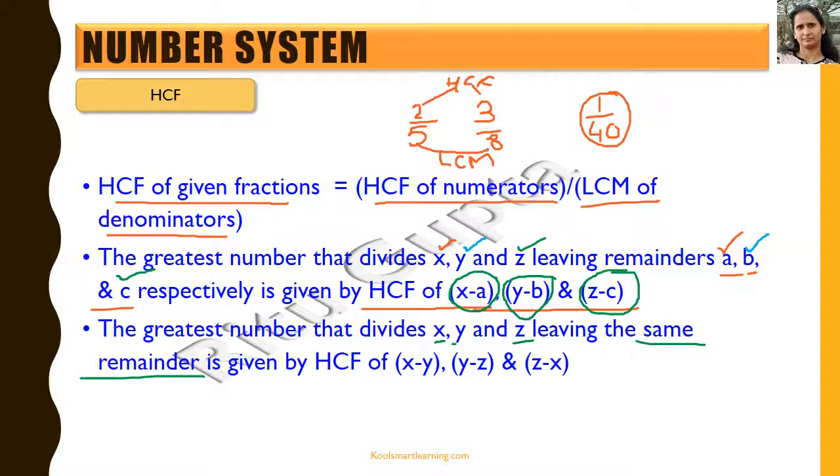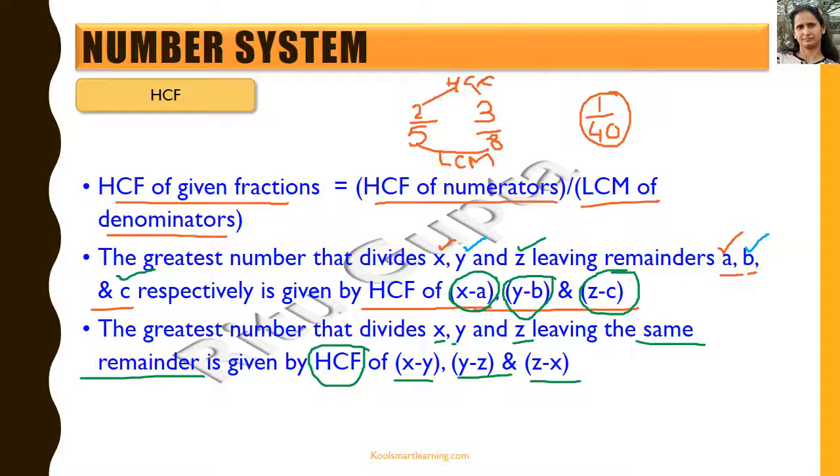In those cases, HCF is given by x minus y, y minus z, z minus x, and we take the HCF of these three numbers. We get the numbers by subtracting y from x, z from y, and x from z, and we take the HCF of these three numbers.